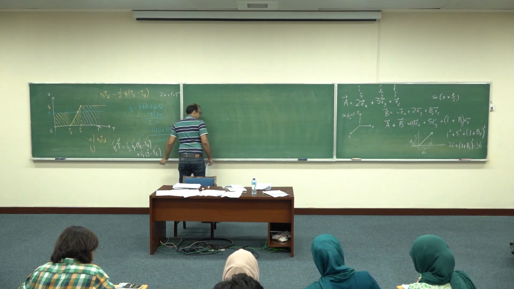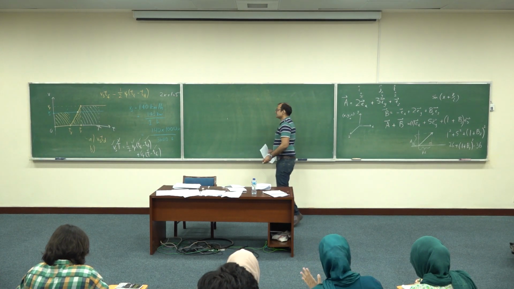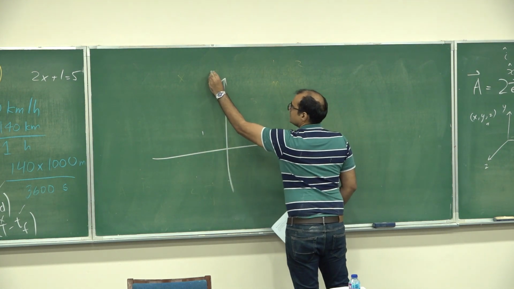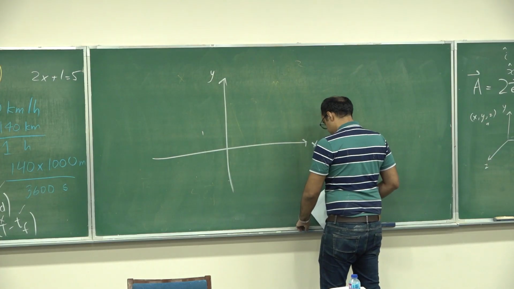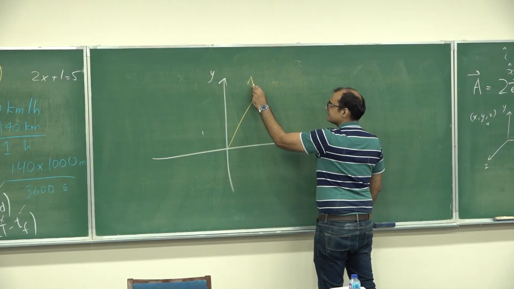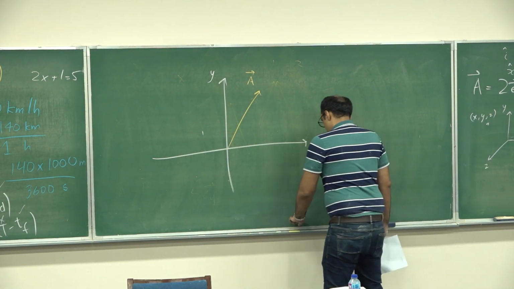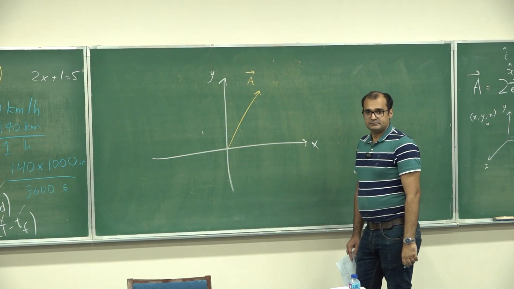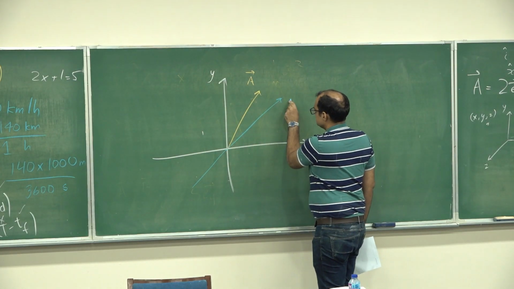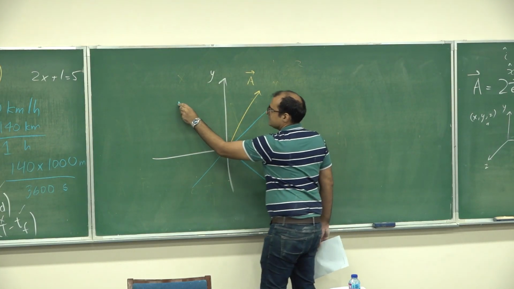So there's a coordinate axis, x-axis, y-axis. There's an arrow, some vector A. Then there's another pair of axes, x prime and y prime.